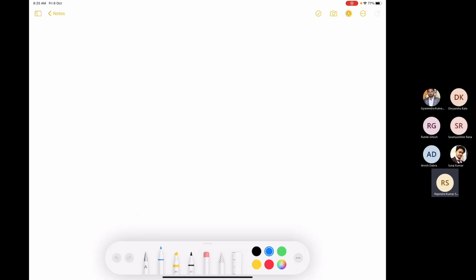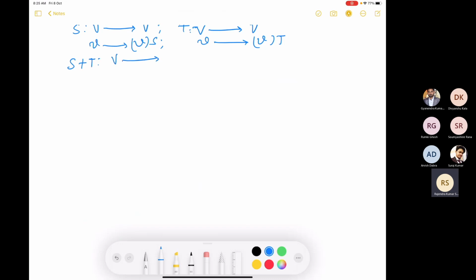Recall that if S is a linear transformation, a mapping V to V, and T is also a mapping V to V, where v goes to vS and v goes to vT, then S plus T is defined as the mapping V to V such that v goes to vS plus vT for every vector v in V. And we know that this S plus T is also a linear transformation.